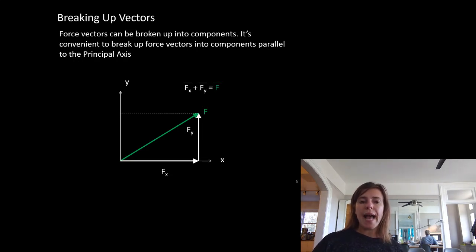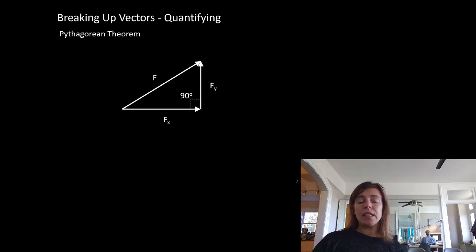So if we want to add Fx and Fy, or these vectors, we want to know what the total force is. It's not a linear addition. We don't just take the value of this and the value of this and add them up. We need to look at different ways to do that.